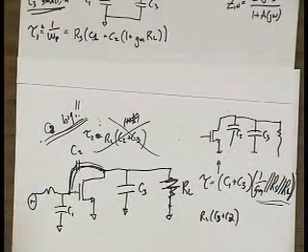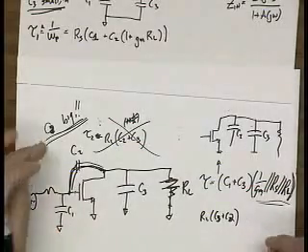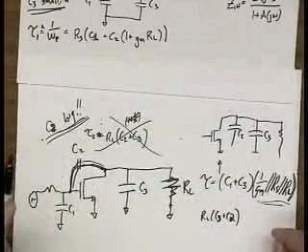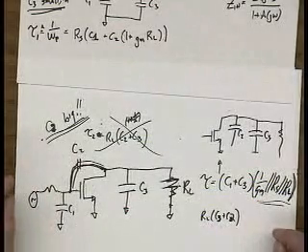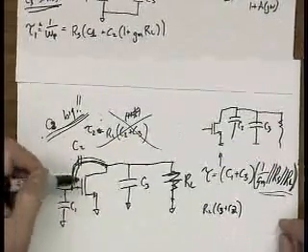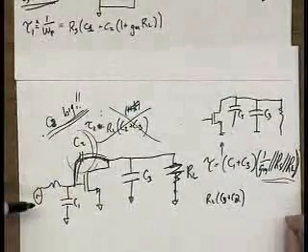Realistically, I have to correct myself because I don't want to mislead you too much, but this really is the case when C2 is big, not really when the Miller effect is big. So in your homework, it might actually be that the Miller effect does that, and you don't short out C2.